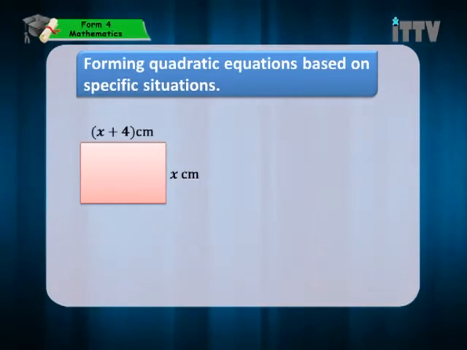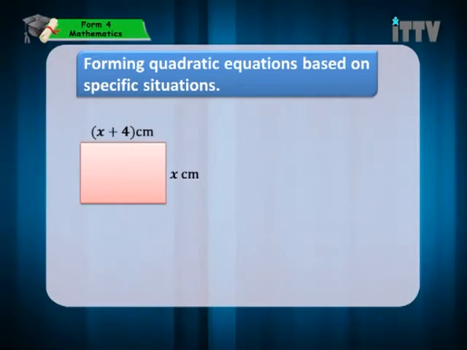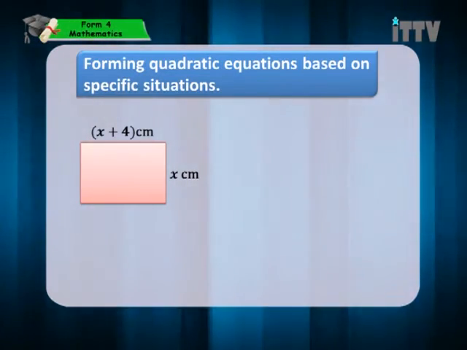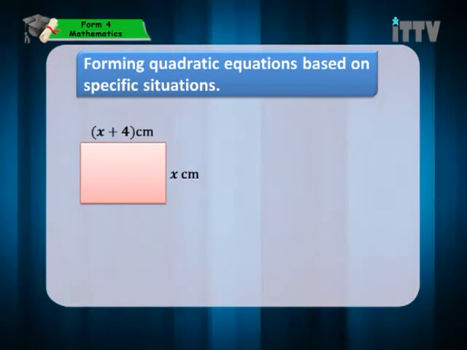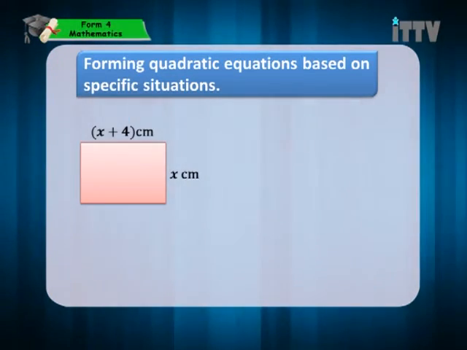The breadth is given for this rectangle and we label it as x cm. And the length is x plus 4 cm because it is 4 centimeters longer than the breadth.